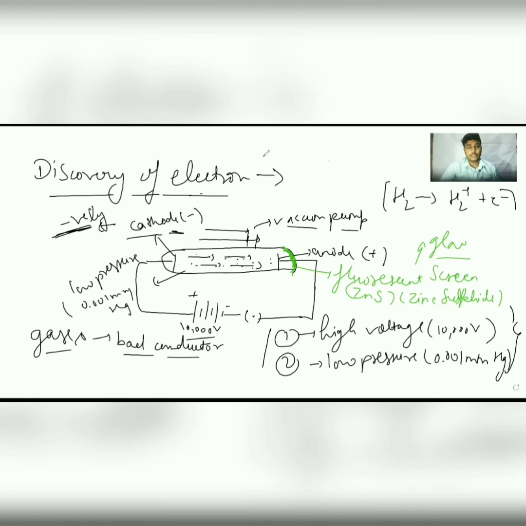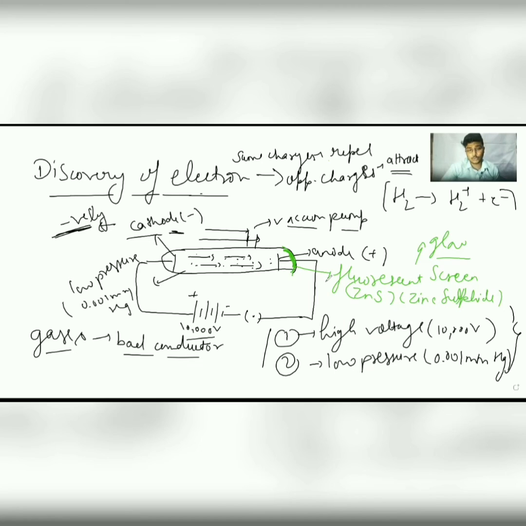Because we know that same charges repel each other and opposite charges attract each other. So by this we can say that if the particle has a negative charge, it repelled from the cathode, because cathode is also negatively charged, so it traveled toward anode, because anode is positively charged, and positive and negative attract each other.